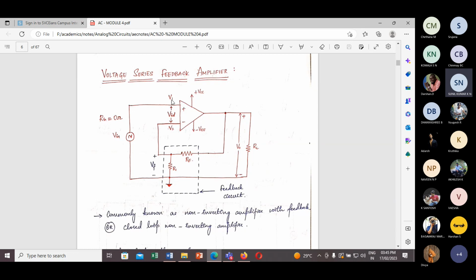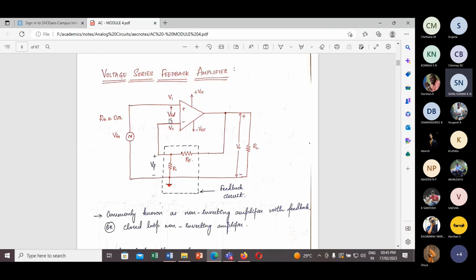This is the input voltage that is connected in series with the VF at the input side. Mixing of the voltage takes place between Vin and VF at the input side, and the output voltage is sampled in the parallel way. That is, VF is taken from the output voltage in a parallel fashion. So this configuration is called a voltage series feedback amplifier. So this VID corresponds to what?